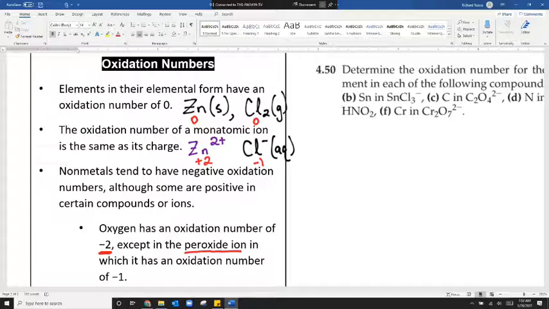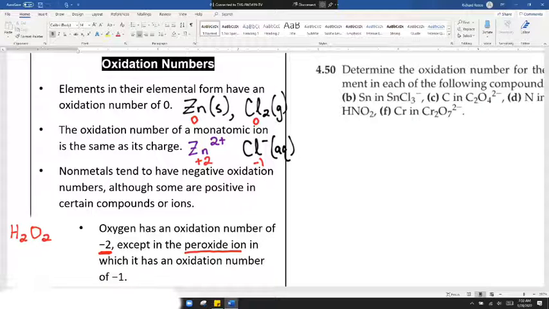So let's talk about peroxide. You're going to know that it's peroxide when it appears in very few but very specific compounds. The most common peroxide, if I just say peroxide, if I go to the grocery store and get me some peroxide, what are you probably getting? Hydrogen peroxide, right. The formula is H2O2. So there are just some compounds to watch out for that are peroxides.